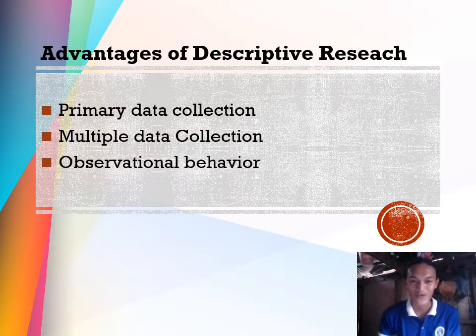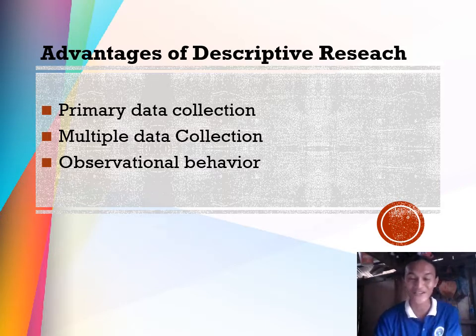So next, observational behavior. As I said earlier, the observational method allows the researcher to observe the respondent's behavior in natural settings. This also ensures that the data collected is high quality and honest.